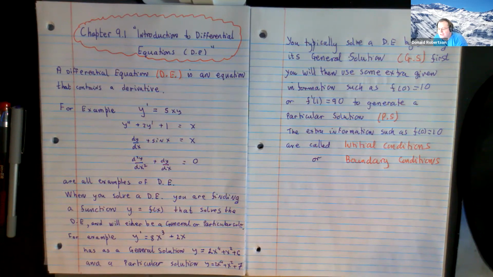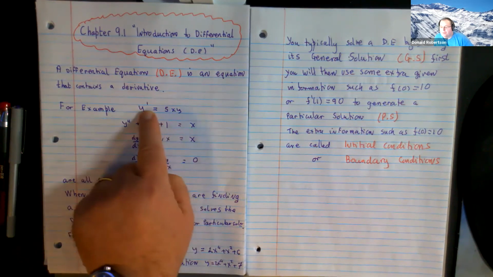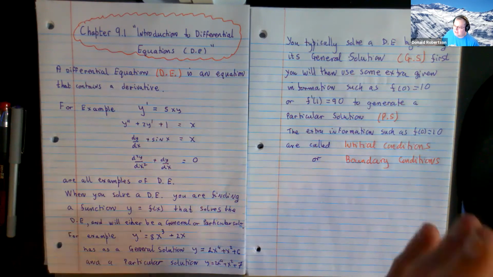You do not need to memorize any of those titles, but I just want to give you an idea that differential equations have names attached to them. And why do they have names? Because all first order variable separable differential equations all get solved with one technique. But a second order homogeneous differential equation will get solved by a totally different technique.